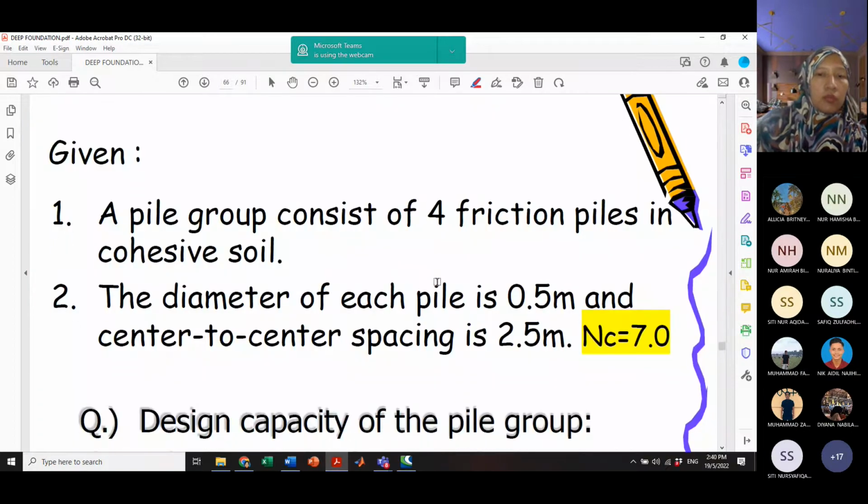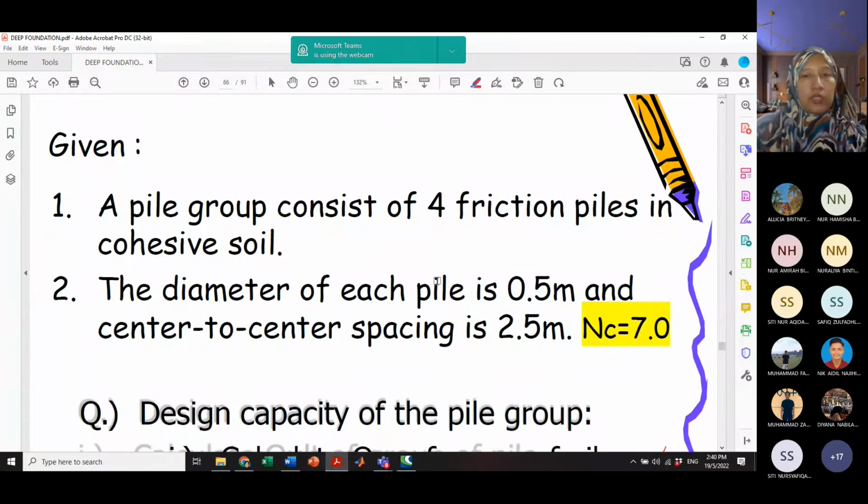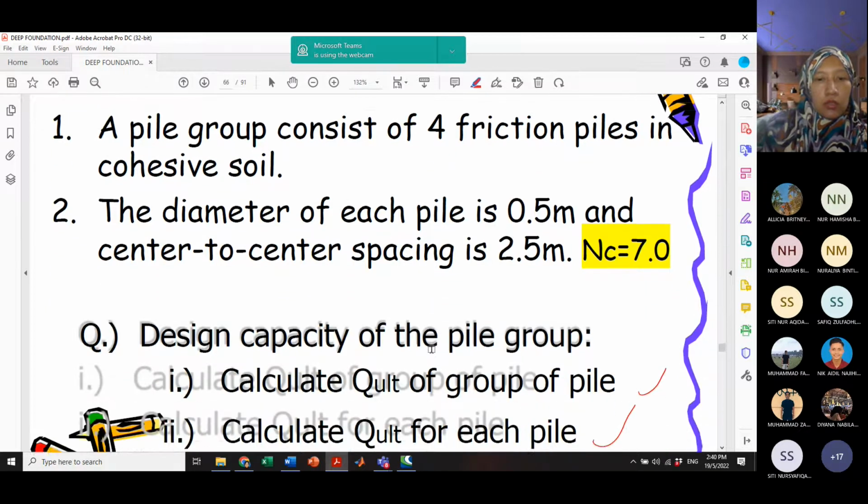Okay, this is one example where you have 4 friction piles in cohesive soil. The diameter of each pile is 0.5 meter, and center to center spacing is 2.5, and the Nc is 7.0.